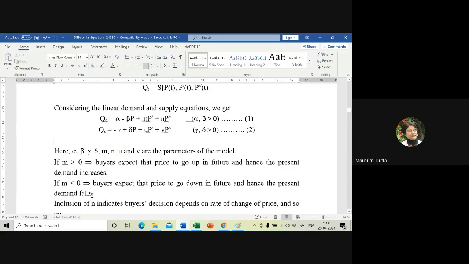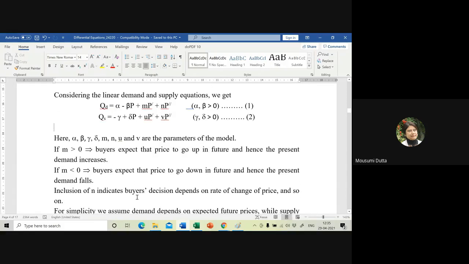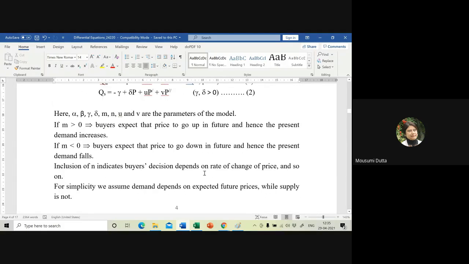Okay, next. Inclusion of n indicates buyers' decision depends on the rate of change of price and so on. So buyers' decision also depends on, when they are expecting price increases, whether the price will increase at an increasing rate or at a decreasing rate.